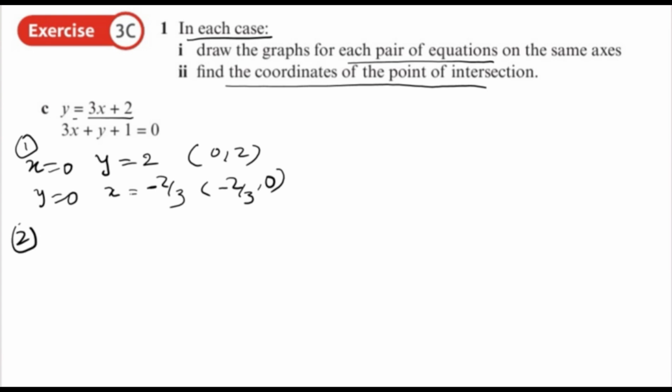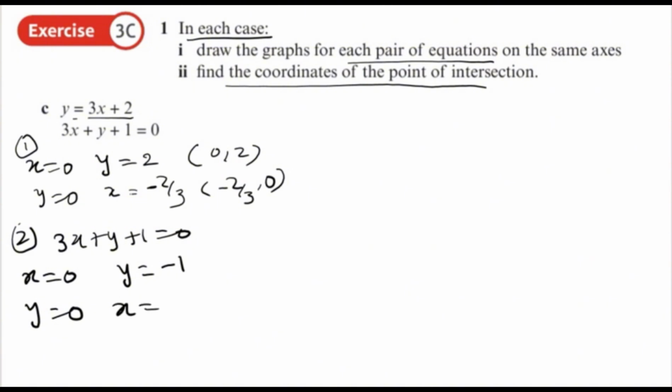Now for the second equation, 3x plus y plus 1 equals 0. In that, if I put x equal to 0, we get y as minus 1. And if I put y equal to 0, we get x as minus 1 over 3.